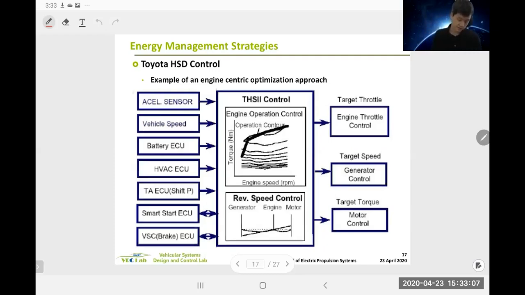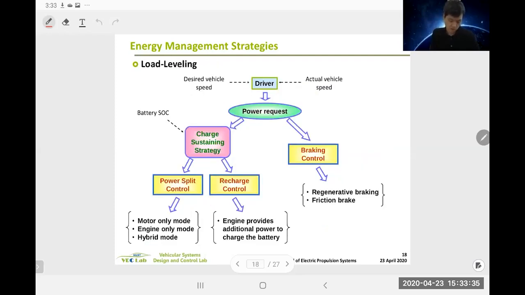So it gets all of this information, and the controller outputs engine throttle, speed, and torque. Okay. Oh, by the way, this is a power split system, not a parallel hybrid. Okay. But this big picture, the overall controller scheme, can be applicable to parallel hybrid too.